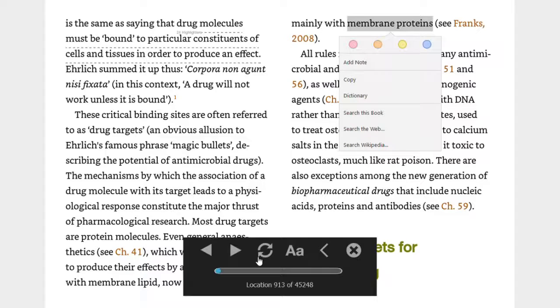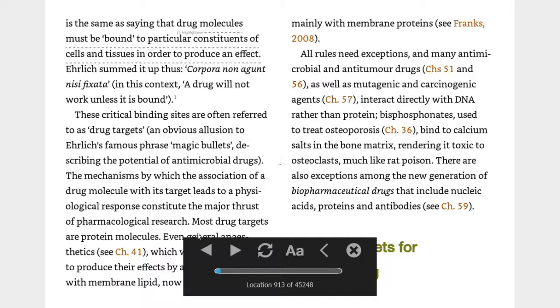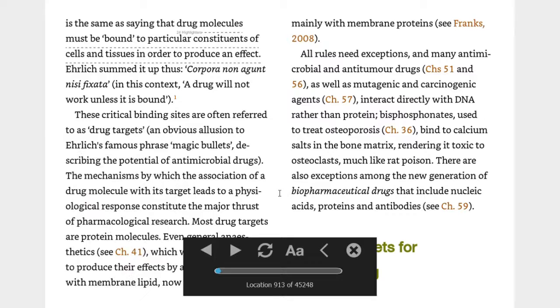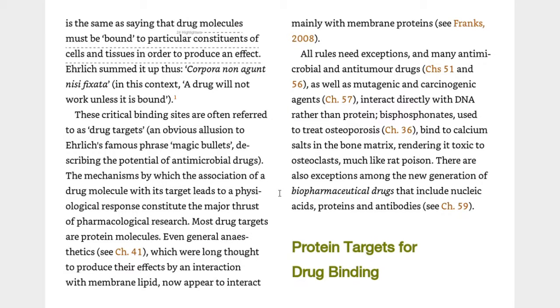These bisphosphonates bind to the calcium salts in the bone matrix, rendering it toxic to osteoclasts, much like a rat poison. There are also exceptions among the new generation of biopharmaceuticals that include nucleic acids, proteins, and antibodies.